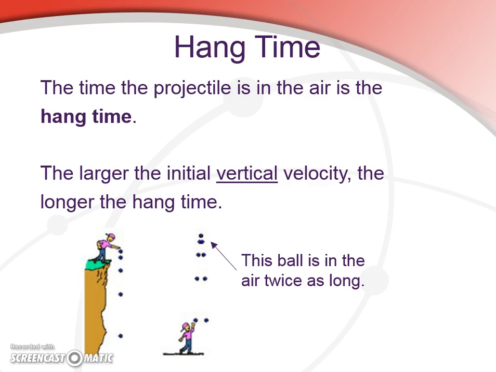Or we can say the higher up it is, if we're dropping it, the longer its hang time. Now, in this case, we drop this ball from a high height versus throwing it upward. One is in the air twice as long as the other, so we say its hang time is twice as much.